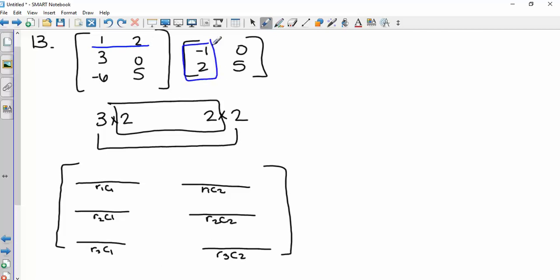So to get row 1, column 1, I'm going to take row 1 times column 1. So you're going to do 1 times negative 1 plus 2 times 2. So you get negative 1 plus 4, which is 3. Okay, and then we just keep moving through here.